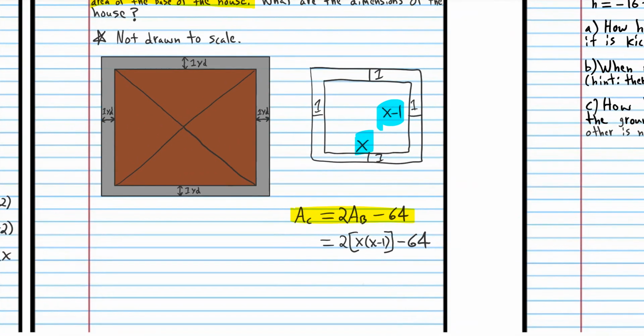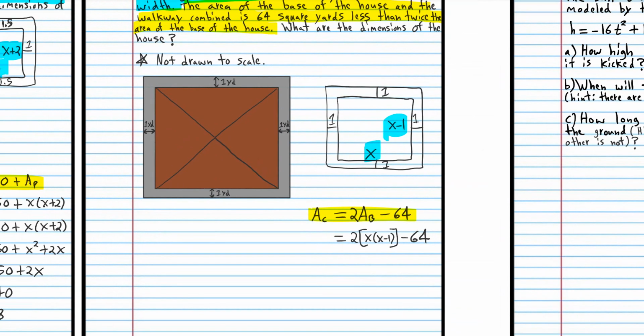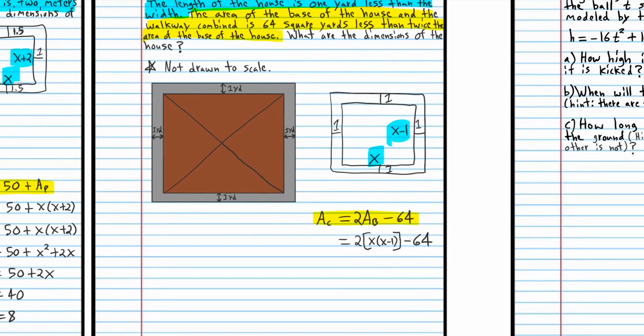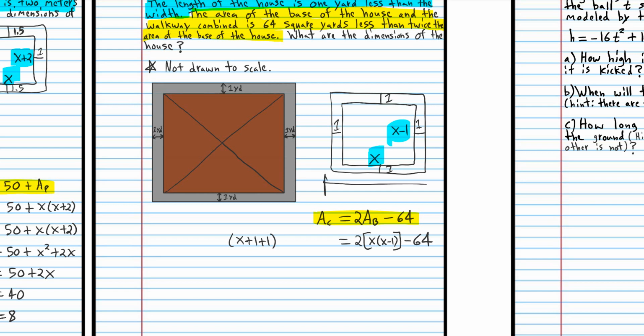And the area of the combined house and the walkway is going to be, let's find the width. So the width is x, but then you have to add 1 twice to get the whole width. So we know this distance here is x, but then we have to add these distances to get the whole width, so then it becomes x plus 1 plus 1.